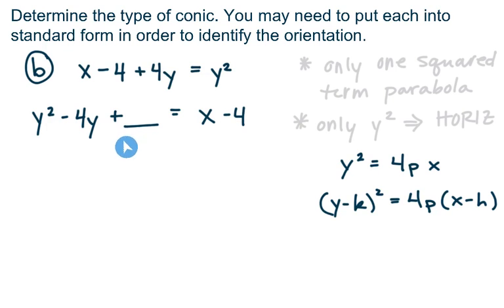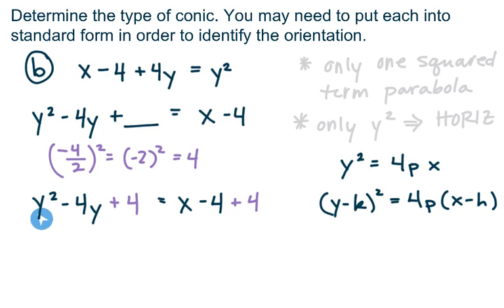Beginning to organize it so we can complete the square, I've got both my y terms, so that's y squared minus 4y, and that's equal to x minus 4. We need to come up with our magic number, and that gives me y squared minus 4y plus 4 equals x minus 4. Because I add 4 to the left, I'm also going to add 4 to the right, and we'll see those 4s will cancel out. So the left side, we can complete that square, and we'll say y minus 2 quantity squared equals x.